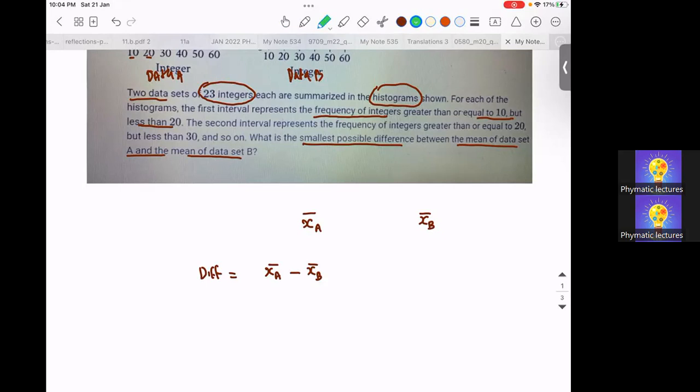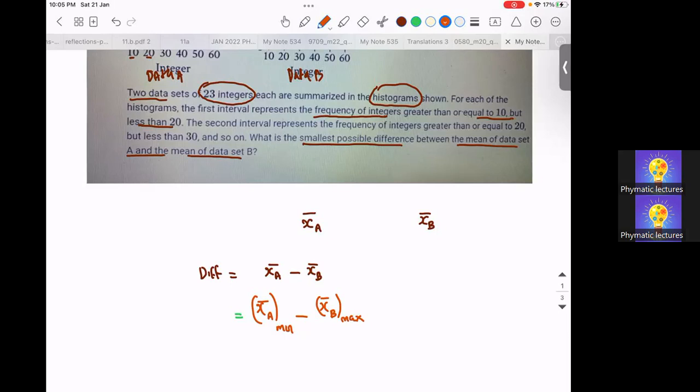So if you want to get the smallest possible difference, this difference should be small. So to find the smallest difference, we have to take the minimum mean of data set A minus the maximum mean of data set B. This is very important because it is a kind of question related to the upper bound and lower bound.